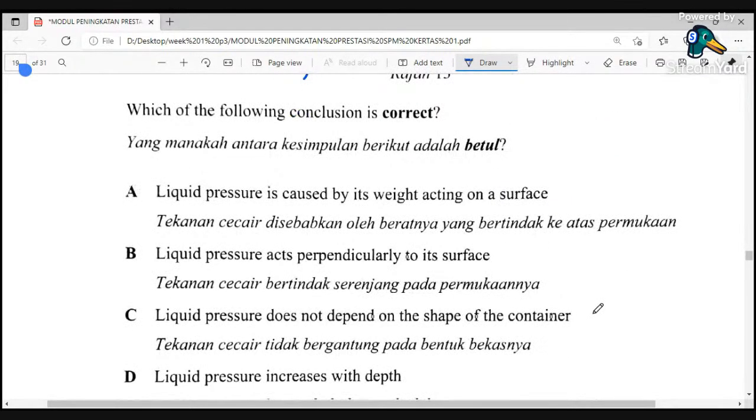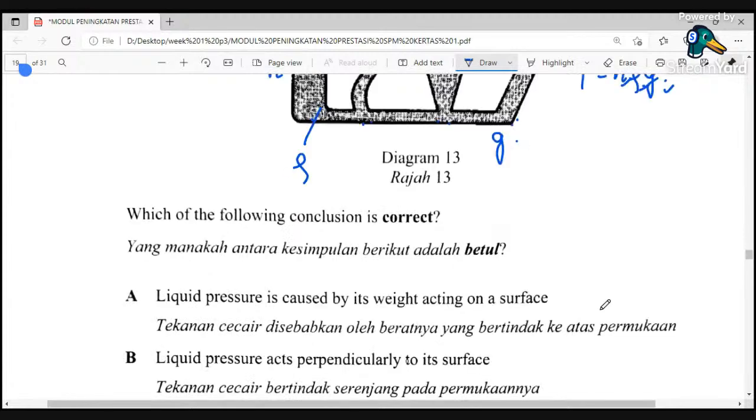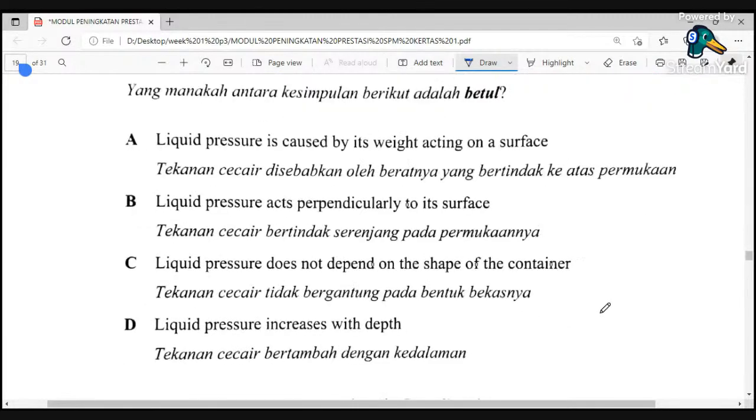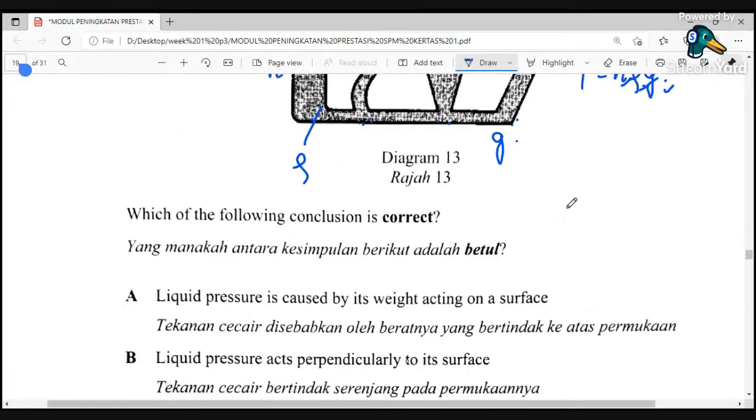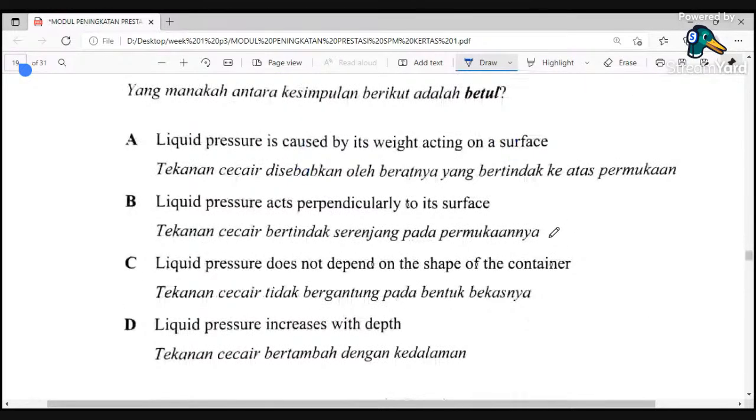Hanya kedalaman, ketumpatan dan kekuatan medan graviti ataupun gravitational acceleration. Okay. Yang betul, cikgu kita lihat di sini, yang betul, liquid pressure is caused by its weight acting on a surface. Yes, correct.